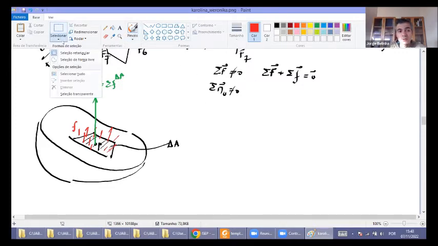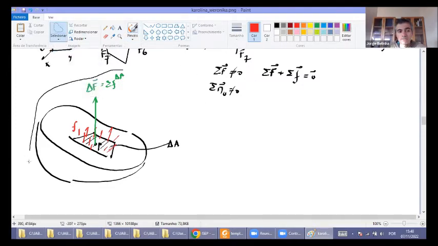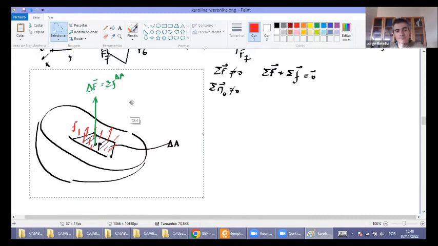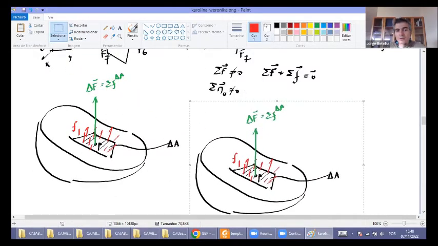Moreover, if you divide the force by this delta A, you get a pressure, isn't it? Don't you get a pressure?